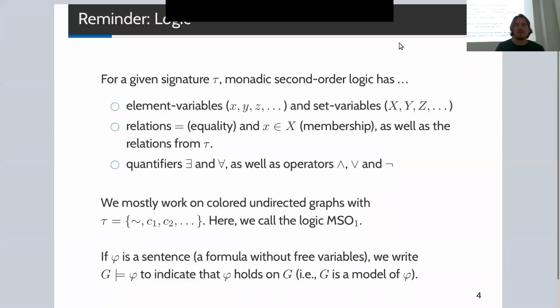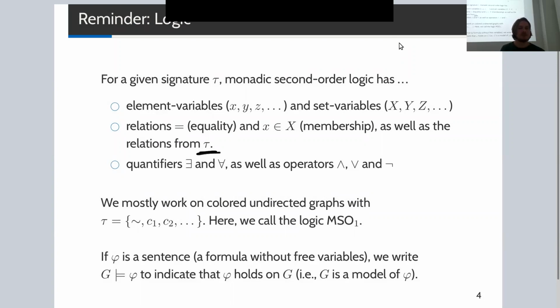Besides tree width, we also introduced MSO logic. Sorry that it's cut off in the video. In MSO logic, you could quantify over vertices and over sets of vertices. You could ask whether two vertices are adjacent, whether a vertex is contained in a set. And generally, you have some signature tau, which could be anything.